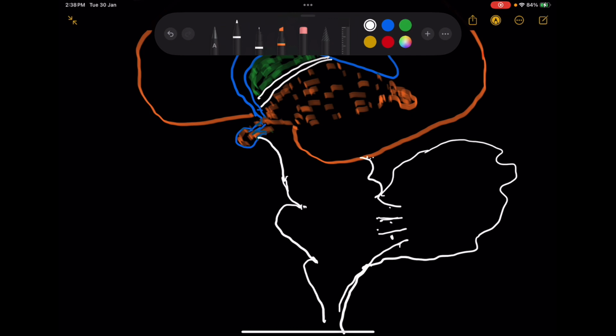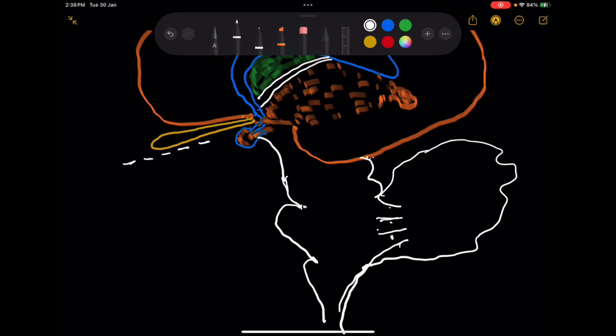So now, the first nerve will go into a bulb which is situated on the cribriform plate.